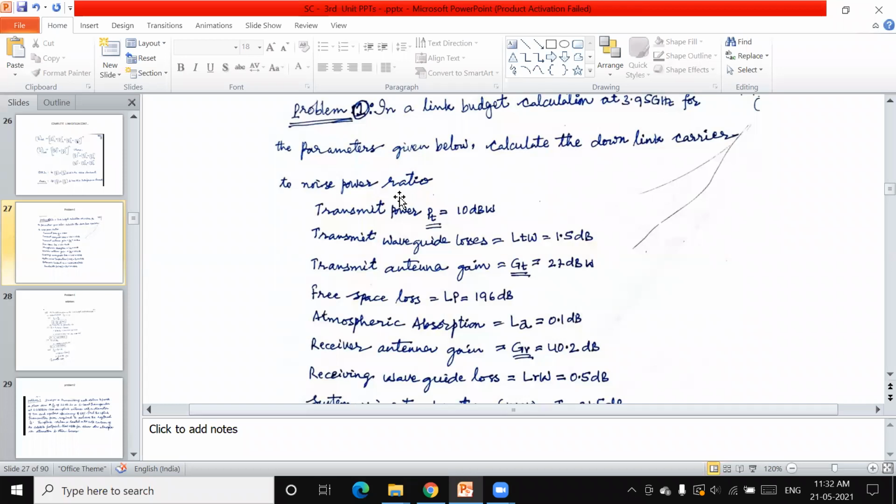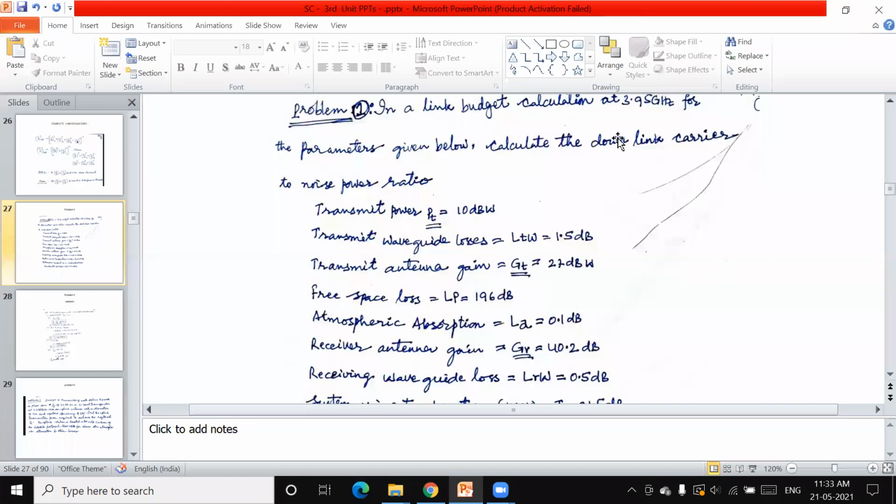Clear? Please all of you see the link budget has been given. All these details have been given for a 3.95 gigahertz link budget.